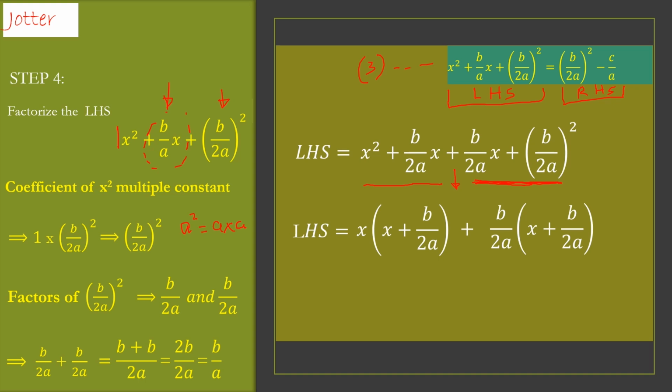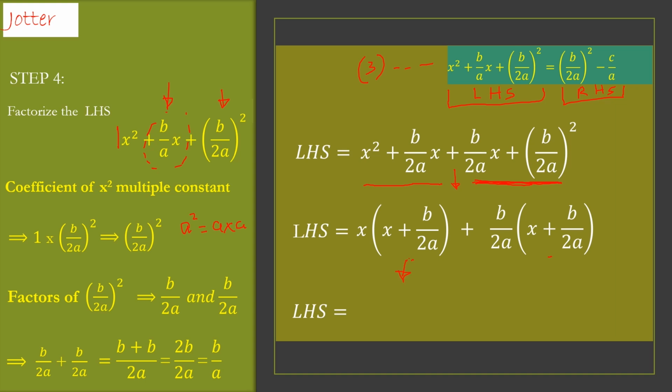Once we find out that the two brackets are the same, it means we are on the right track of factorization. Now we can take one of the brackets and combine it with the outside terms. So b over 2a, which is one of the brackets, we can have it down there.